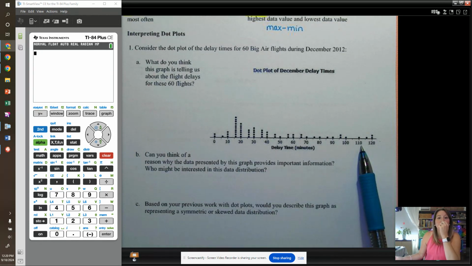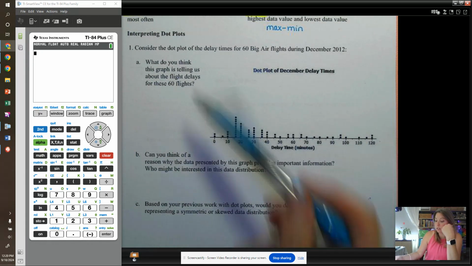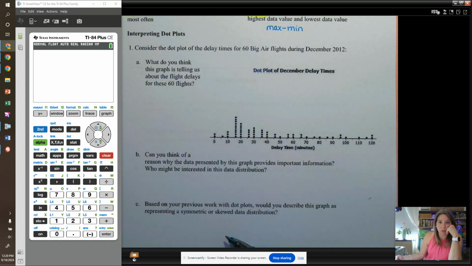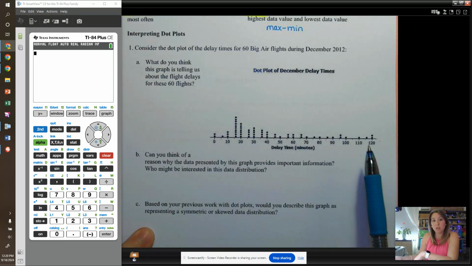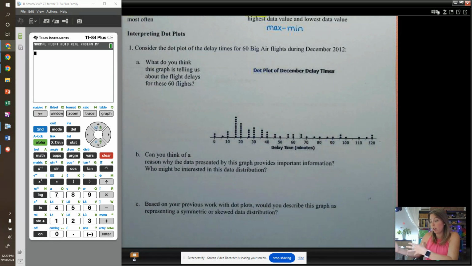Now, we're going to consider 3 questions, and these are 3 questions that I want you to take 2 minutes to think about after I read these 3 questions for you. So, I'll read these 3 questions. You'll pause this, look at the dot plot, and consider these 3 things to see if you can answer these before I come back and answer these.